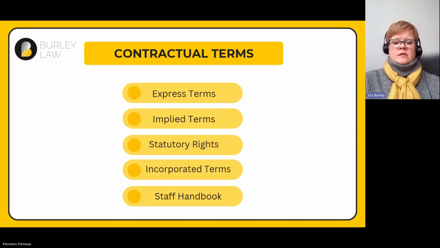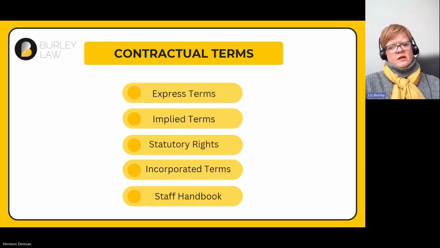Other implied duties are around behaviour of employees, and one of those implied duties is the duty of fidelity. So in every contract, there is an unspoken term that an employee must act in good faith and honestly towards the employer.